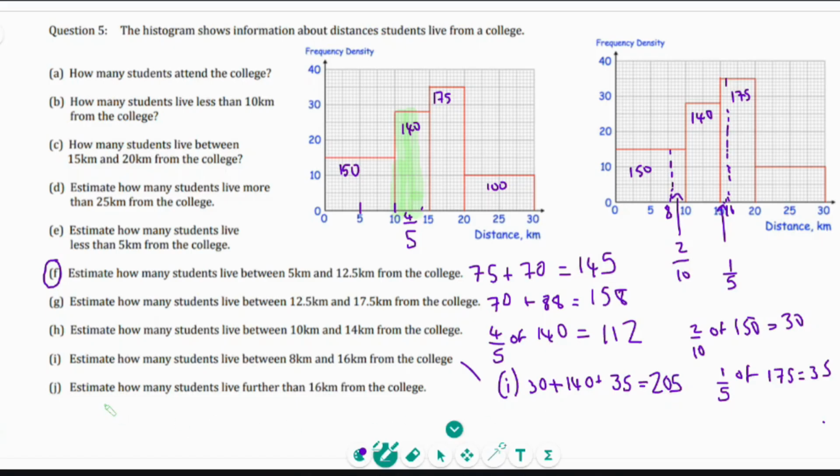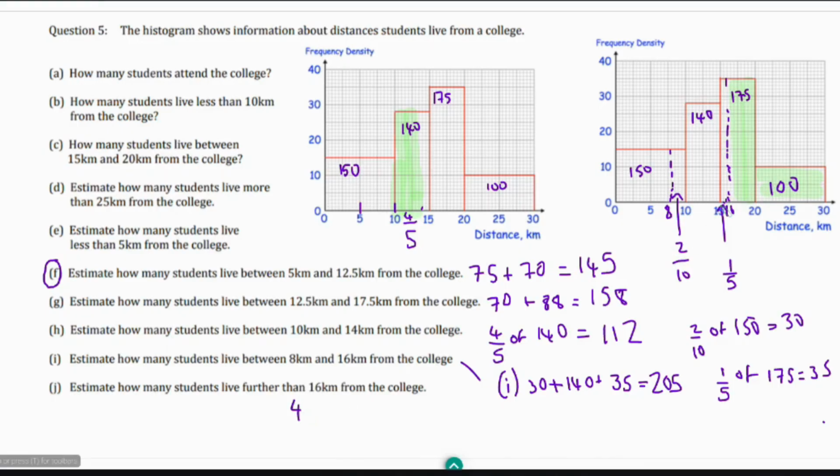Okay, estimate how many students live further than 16 kilometres away. We've already got 16 measured off on here. So we're looking at all of this and all of this. Between 16 and 20 is 4.